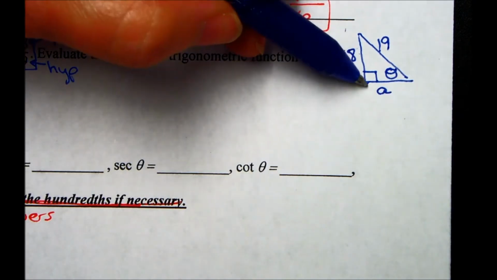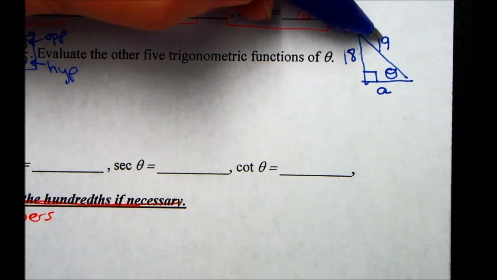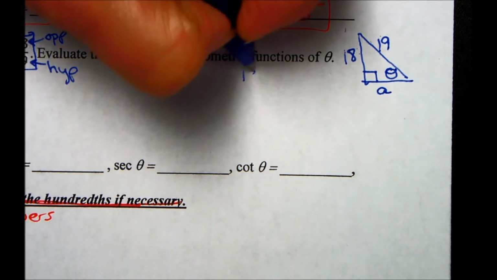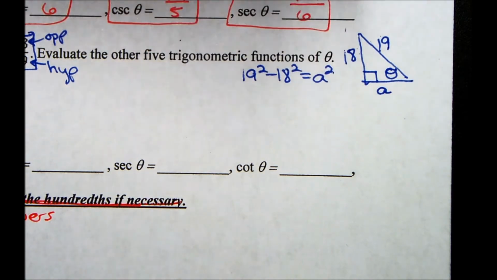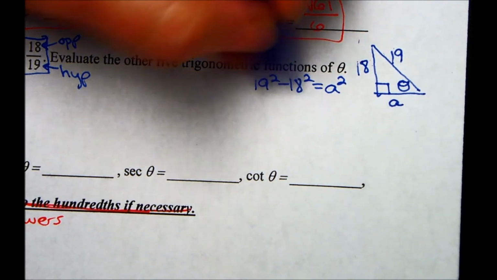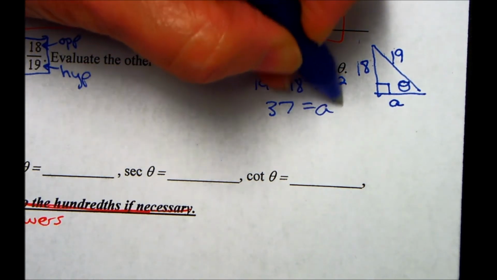So in order to find A, I'm going to take my hypotenuse squared minus the 18 squared. So 19 squared minus 18 squared will equal A squared. I'm just going to plug that in the calculator. That gives me 37 equals A squared.